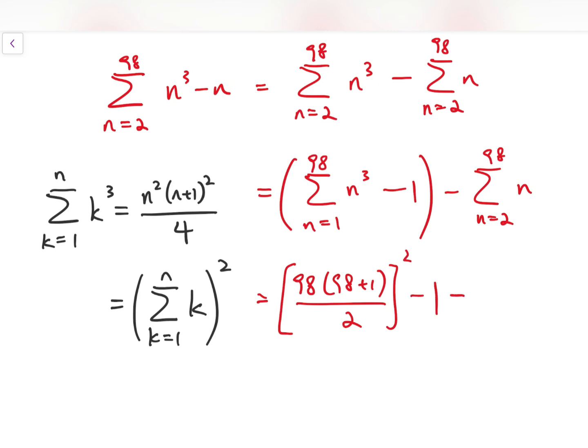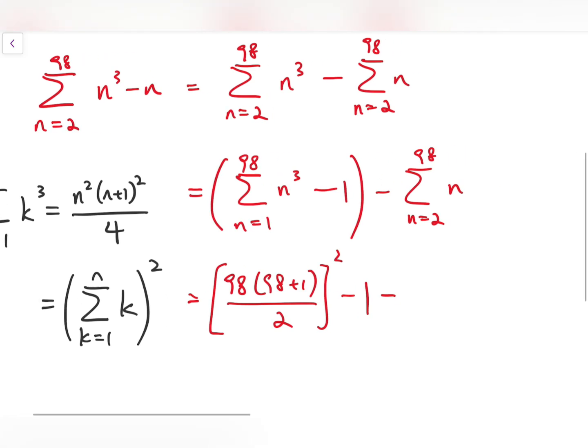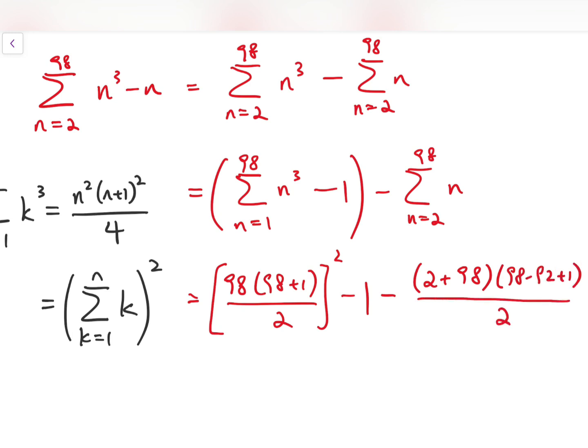While for the remaining summation, adding from 2 to 98, is actually an arithmetic sequence. So I can do that with the formula: the first term plus the last term, multiplying by the number of terms, and that's 98 minus 2 plus 1, and then all divided by 2.